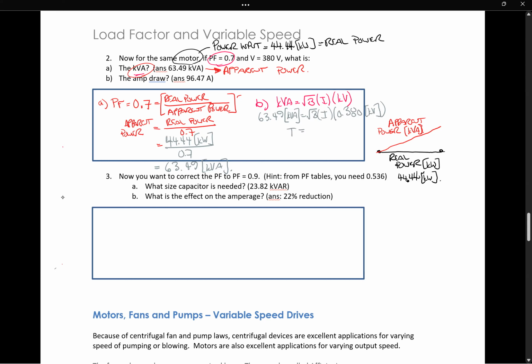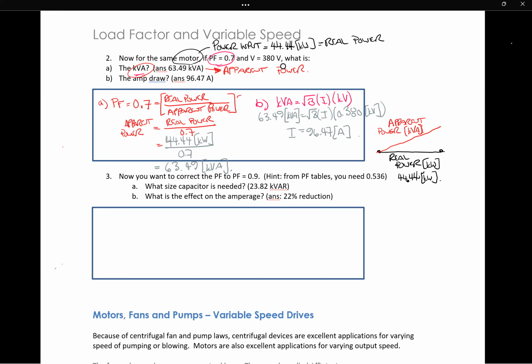And so that current ends up being 96.47 amps. So you're going to have to draw a current of 96.47 amps in order to operate this motor, if it's at a power factor of 0.7, operating at 380 volts.